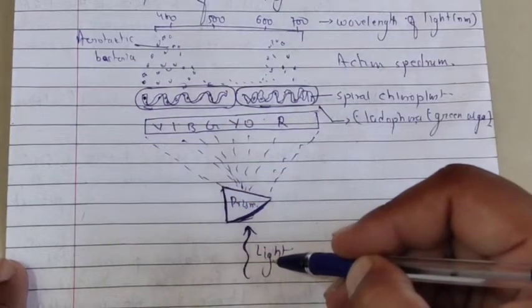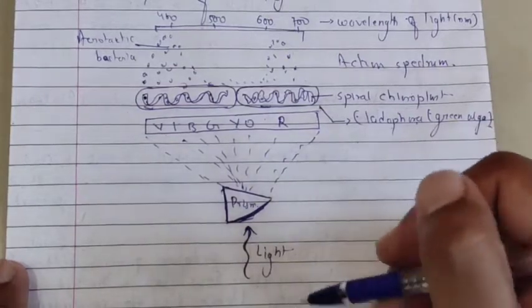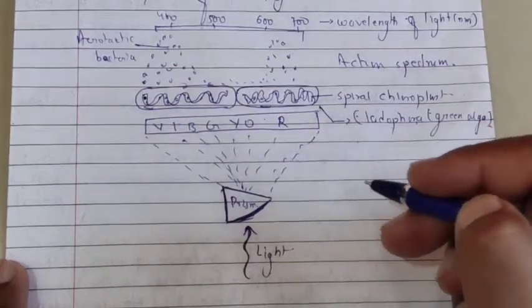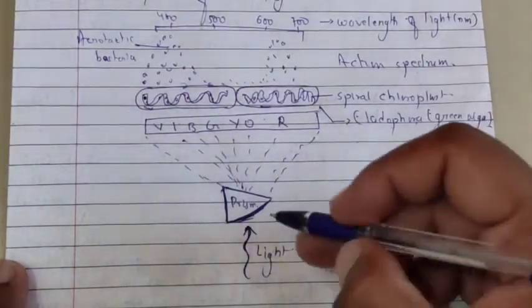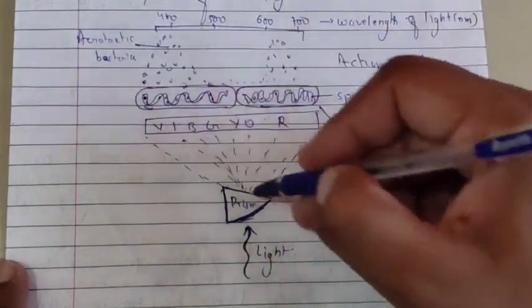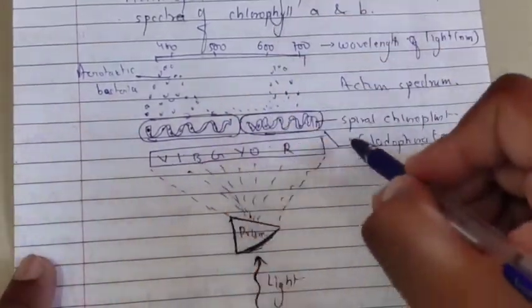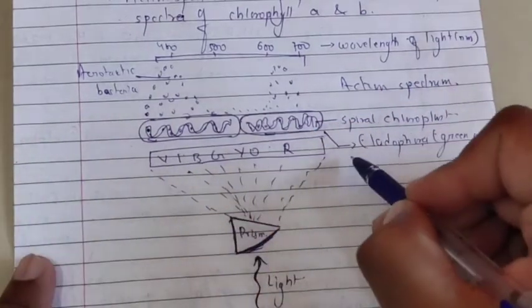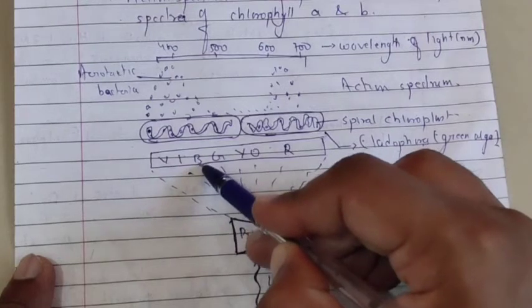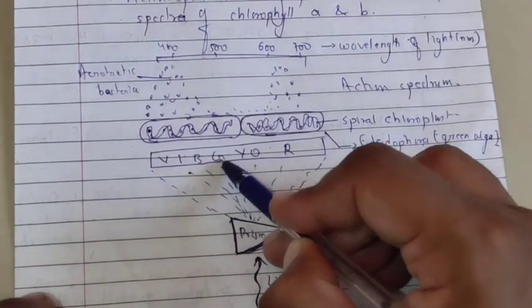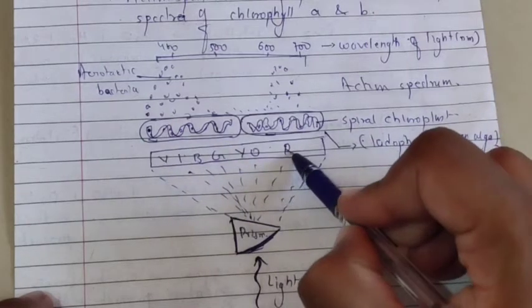We see this during rainfall, the rainbow, in which we see the different wavelengths of light, different colors. Like that, if we pass light through the prism, we see the different wavelengths split out. We represent it like this: VIBGYOR. Here V stands for violet, I for indigo, B for blue, G for green, Y for yellow, O for orange, R for red.